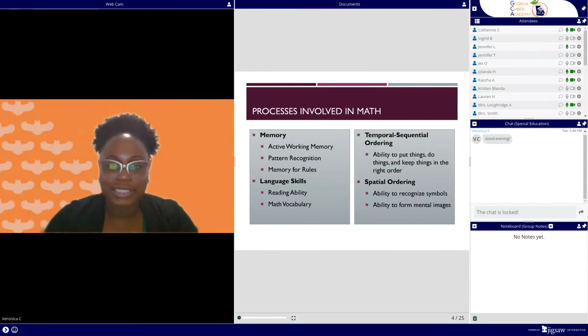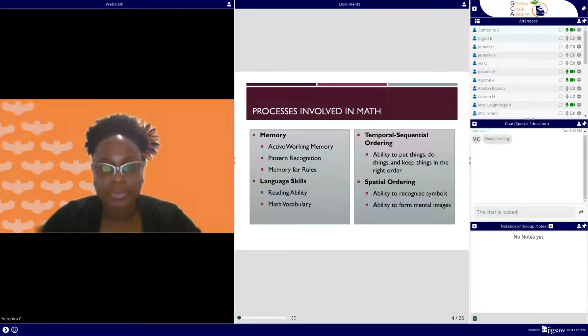So processes that are involved in math, there are 4 types. We have memory, language skills, temporal sequential ordering, and spatial ordering, okay? And so our memory, if we focus on that, we're looking at those patterns, that memorization skill, looking at rules, our active memory. Language skills, think just vocabulary, okay?